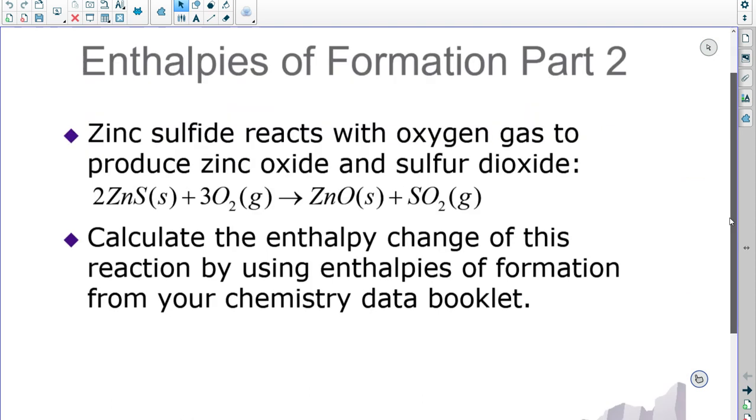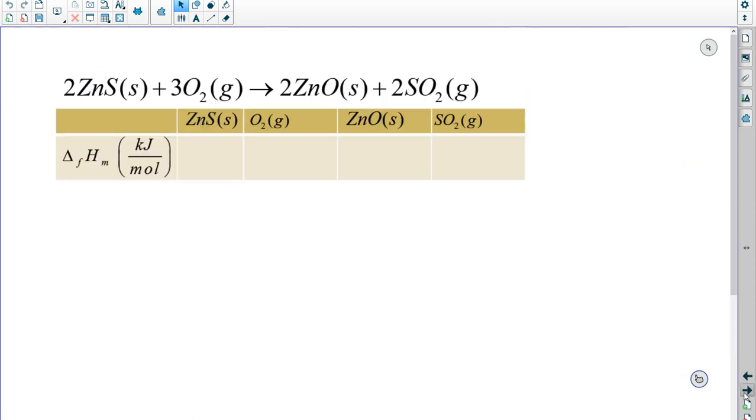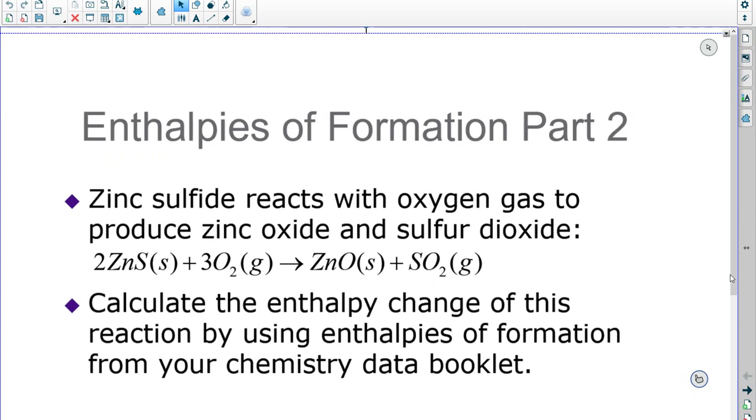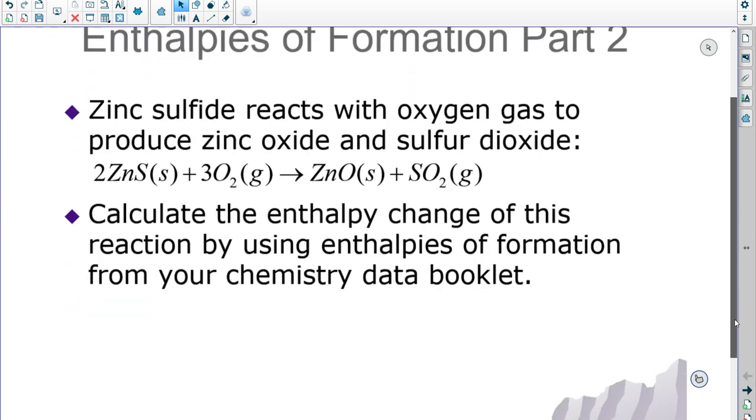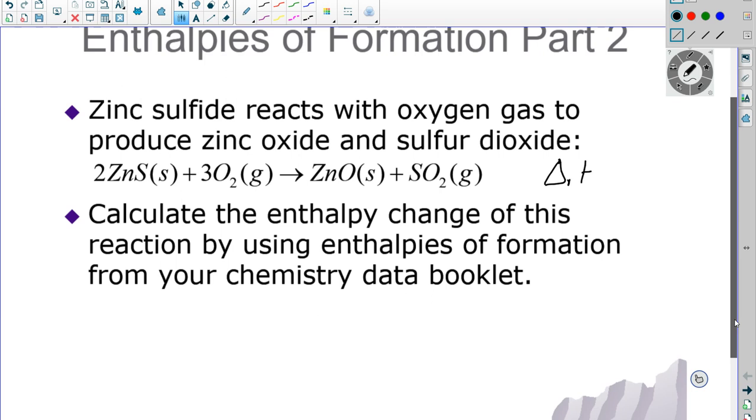So this is just going to be a review of yesterday. I hope you did your homework and you can remember how to do this. What we have here is we want to know the enthalpy change of this reaction, the delta RH for this reaction.